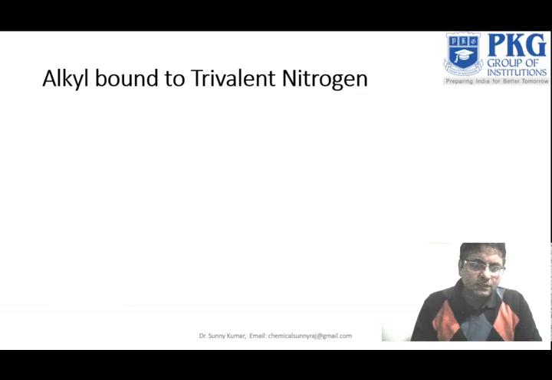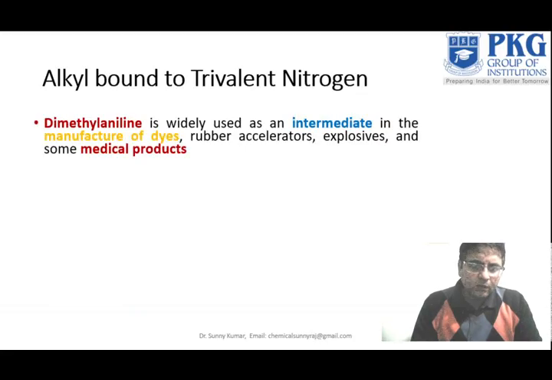So next is alkyl bound to the trivalent nitrogen. We will discuss dimethylaniline, which is widely used as an intermediate in the manufacturing of dyes, rubber accelerators, explosives, and some medical products.